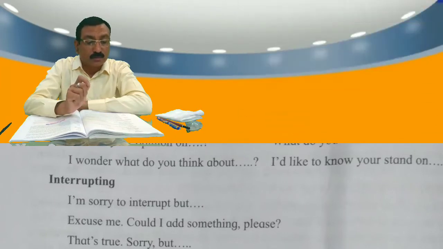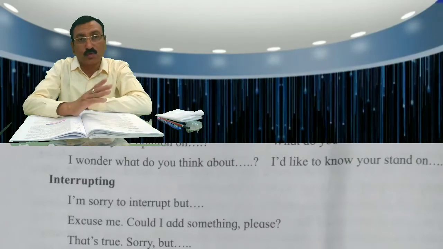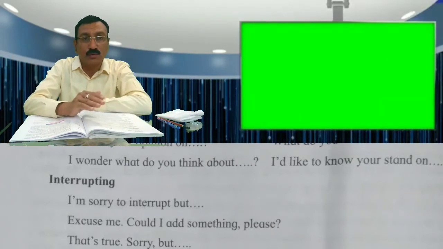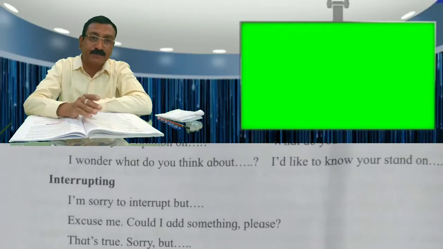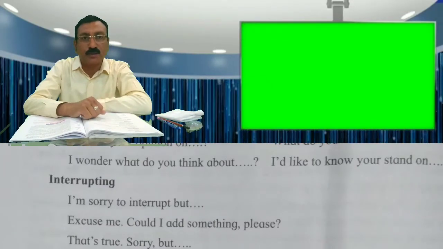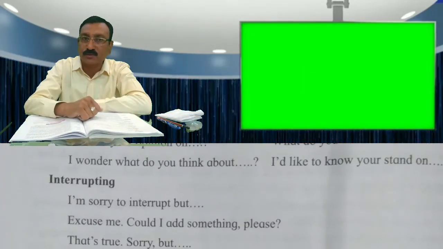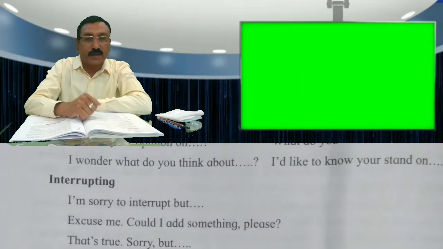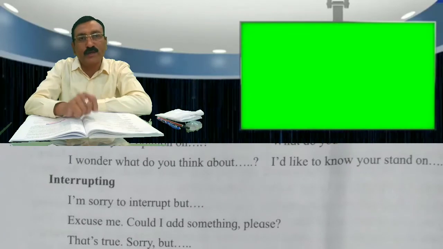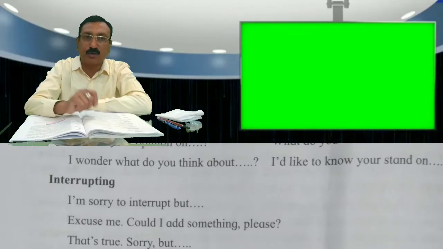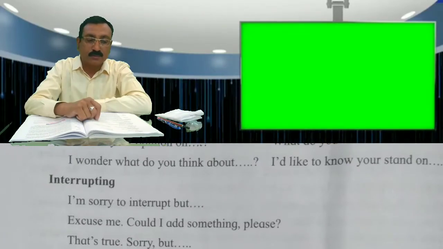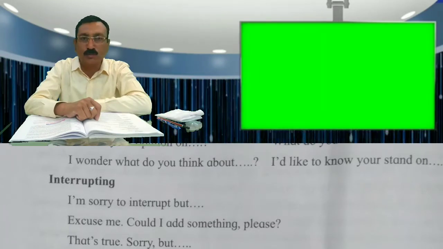Once you have interrupted in this way, you can add your own point in the group discussion. You will also have to explain why you interrupted that participant. But interruption should be polite.